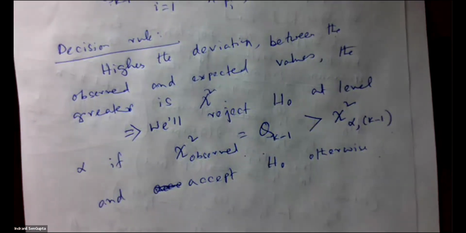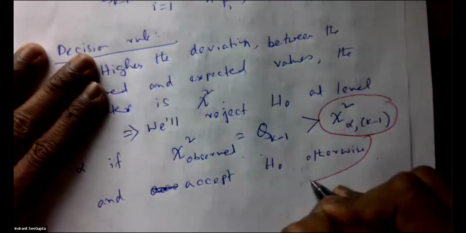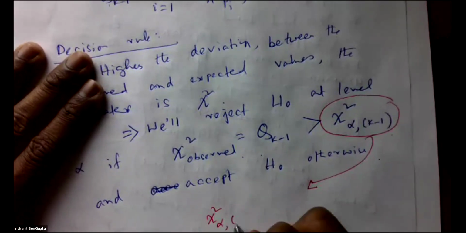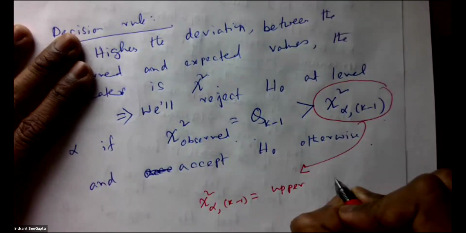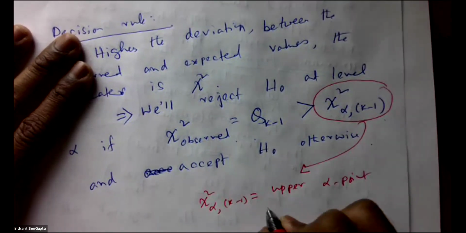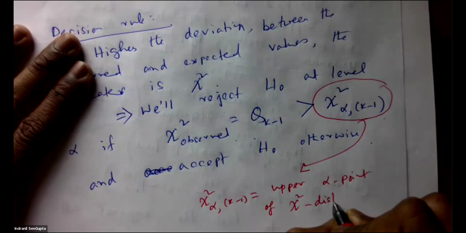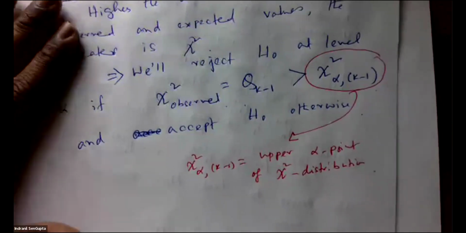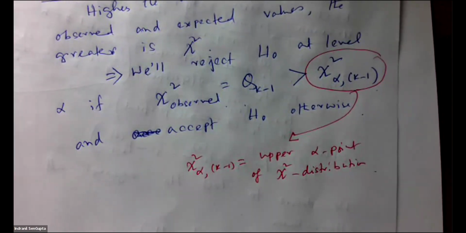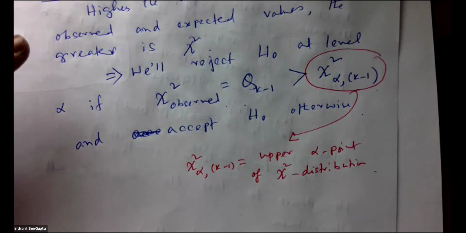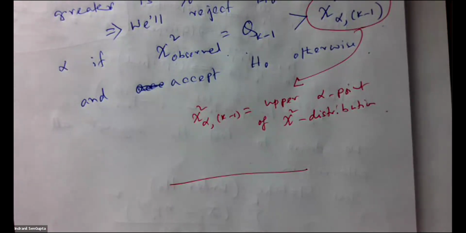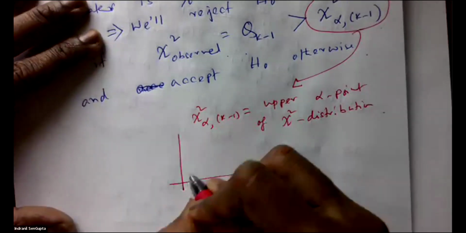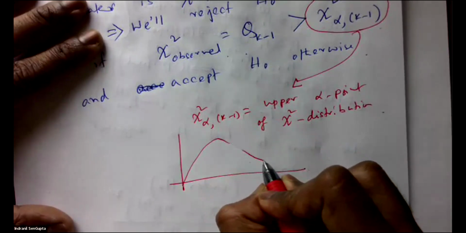By the way, this notation, I think it's clear by now, but let me just mention: chi-squared alpha, k minus 1 really means the upper alpha point of the chi-square distribution. I showed you a picture some time back, and I'll show it again. For example, the chi-square pictures typically look something like this one.